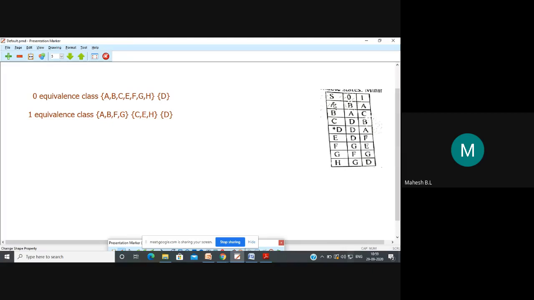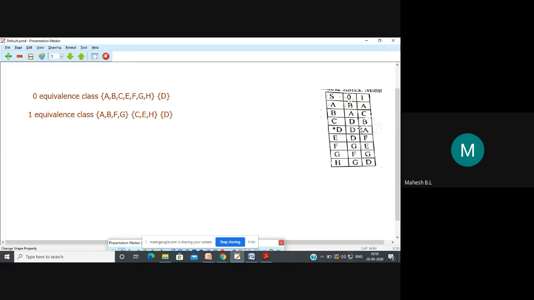For A, you have B, A; both are in the same class. B goes to A, C; both are in the same class. Then F goes to G; both are in the same class. Then G goes to F, G; both are in the same class.